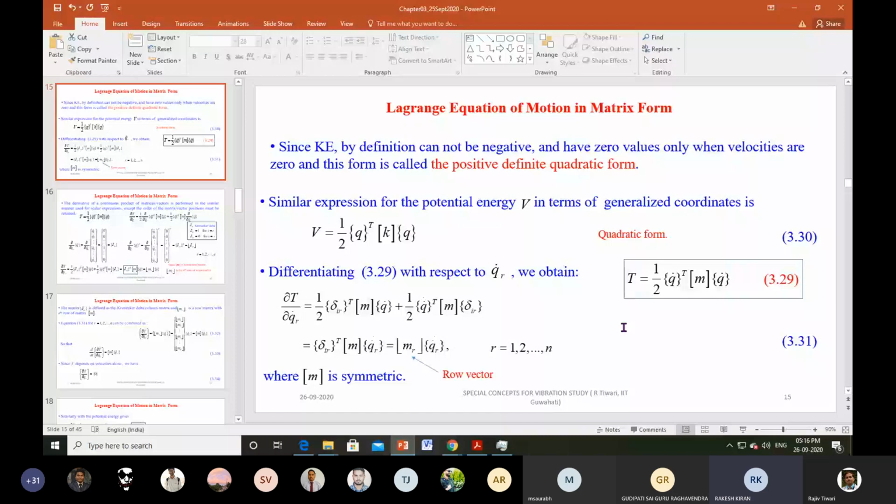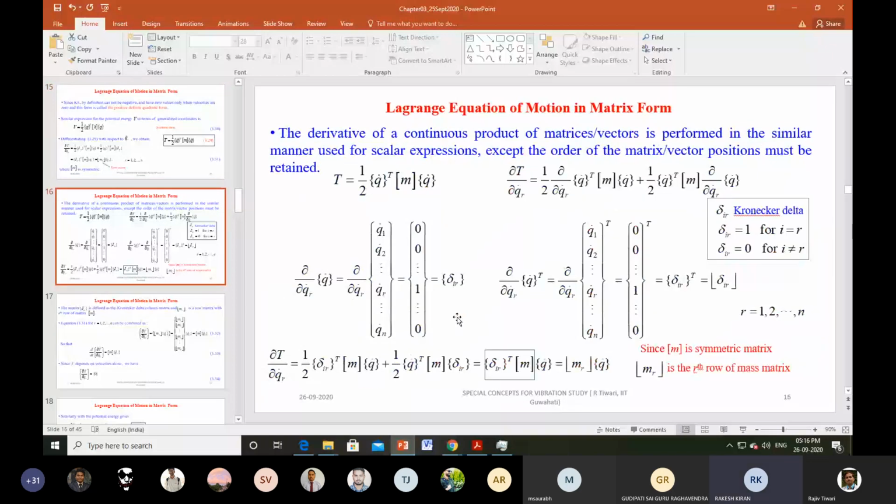Yeah, because if you expand this and you expand this, they will be the same. I have not shown that expansion. But if we expand this, they'll be the same only when the mass matrix is symmetric, because one is pre-multiplied and another is post-multiplied.